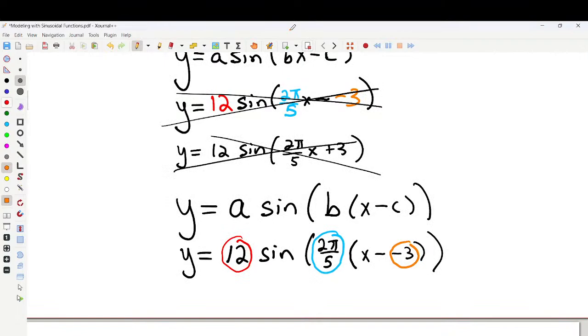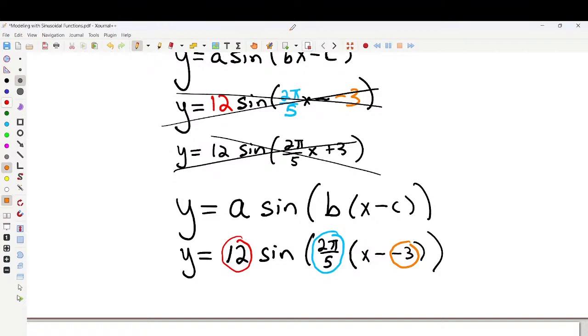And now we're going to distribute and clean everything up. This would not be marked wrong, but it would just say it needs to be simplified. So inside here, we're going to distribute the 2 pi over 5, and we're going to change this to a plus symbol.